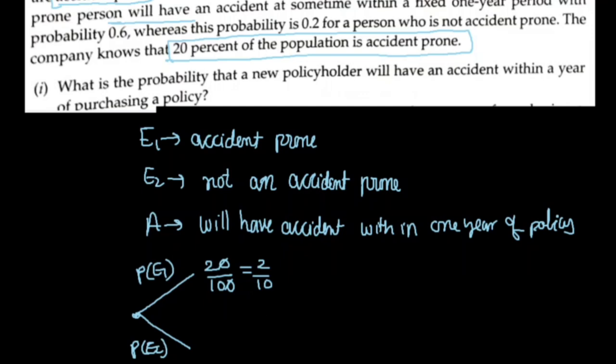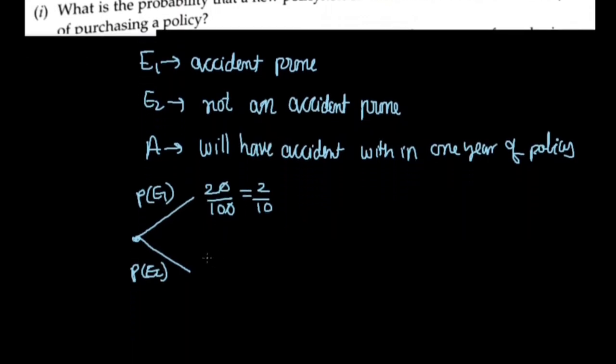Next, not accident prone is 80%, that is 100% minus 20 by 100, so you get 80 by 100, which is 8 by 10.